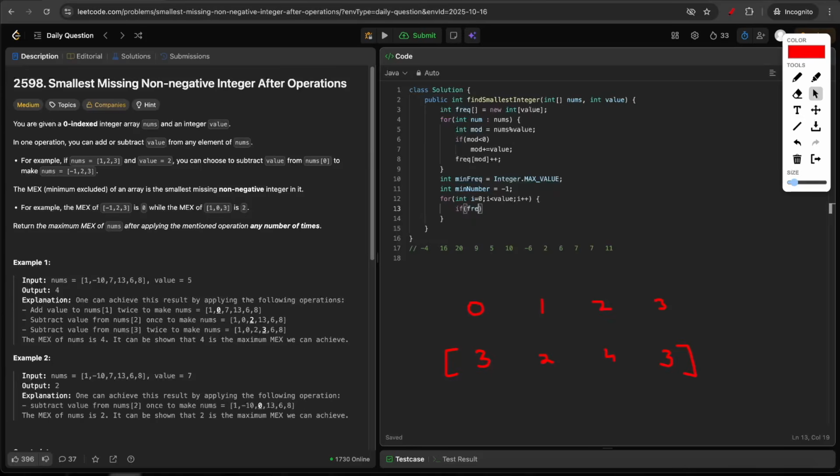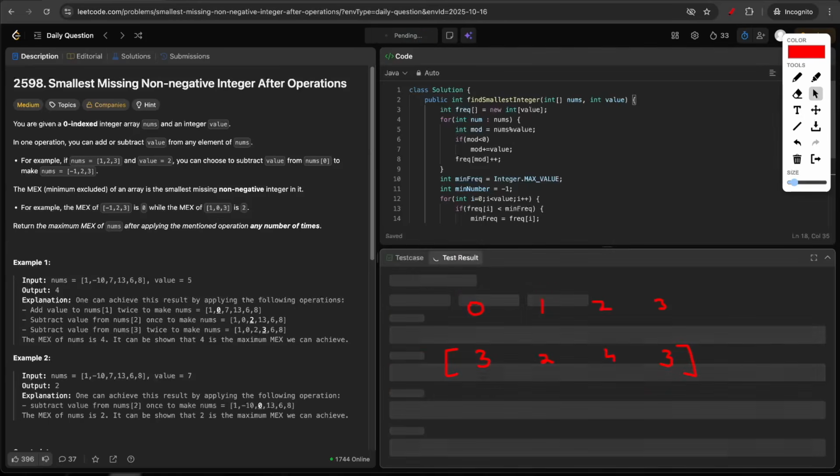So if frequency of i is less than min frequency, min frequency equal to frequency of i. And whenever we find a minimum frequency, we also store the number, min number equal to i. So once we have the minimum number and the minimum frequency, we can get the answer by doing min number plus value into min frequency.